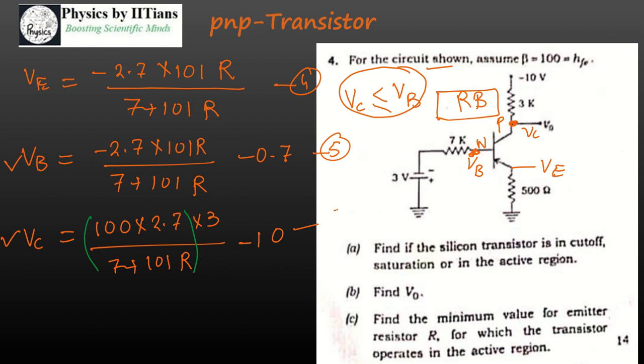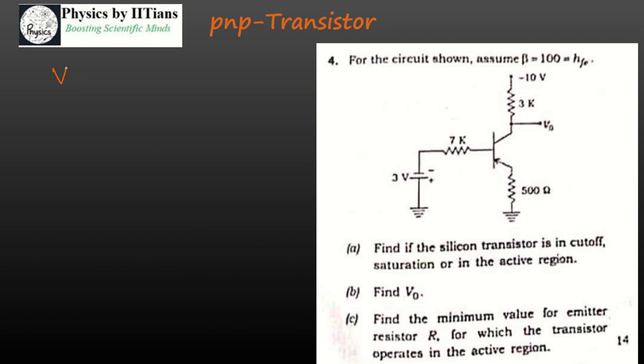So using equation number 5 and equation number 6, we can write this inequality. So what I am saying, the VC should be less than VB, because the voltage across the P type semiconductor should be less than the voltage across the N type semiconductor for a reverse bias junction.